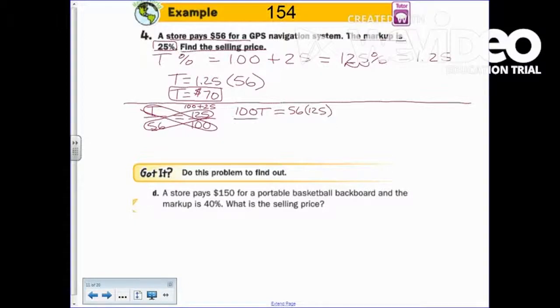You divide both sides by 100. 25 goes into 100 4 times, and 25 goes into 125 5 times. 56 divided by 4 is 14, and 14 times 5 is $70. Our total cost.